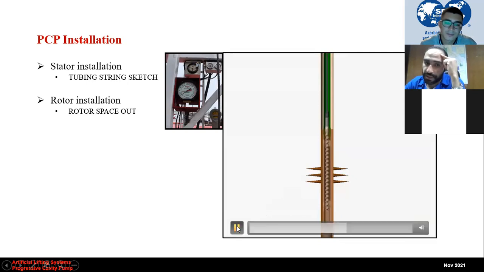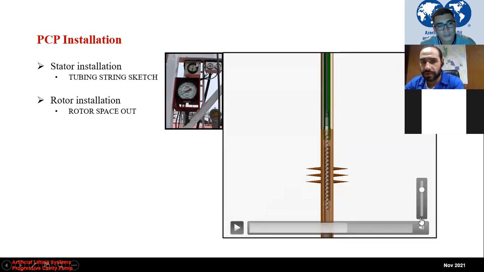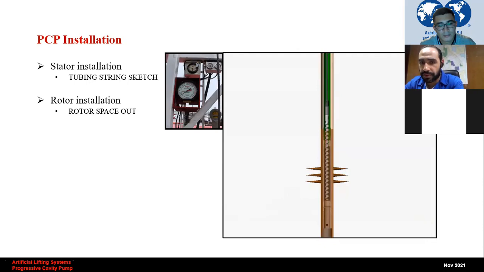Rotor space out means we will take the rotor up again by 2 values. The first value is the sucker rod slack weight. Let's go back to this section. Once the rotor reaches the tag bar, the full rod string weight will be resting on the rotor.